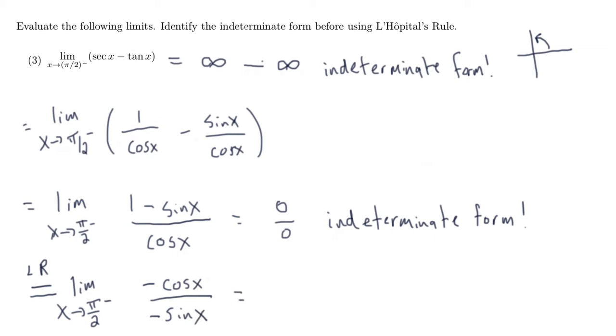But now we no longer have an indeterminate form because the denominator is not approaching 0 as x approaches pi over 2 from the left. It's approaching, really, negative 1, but that doesn't matter because the numerator is approaching 0, so the whole thing is going to be equal to 0.